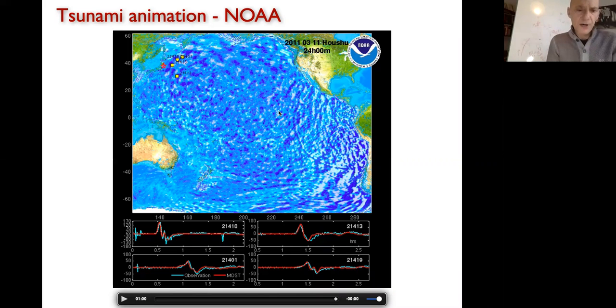But when the Sumatra earthquake of December 26, 2004 occurred in the Indian Ocean, there were no buoys at the time. Now there are.